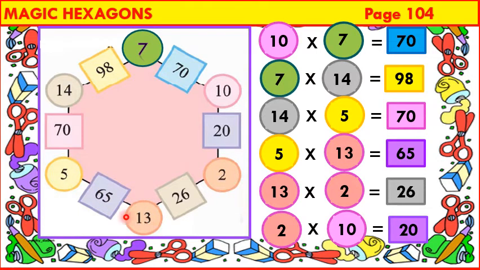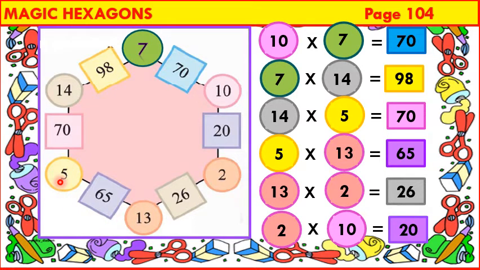Now multiply the numbers in these 2 circles. One is 5 and another is 13. 13 fives are 65. So each box contains the number formed by multiplying the numbers in both the circles next to it.